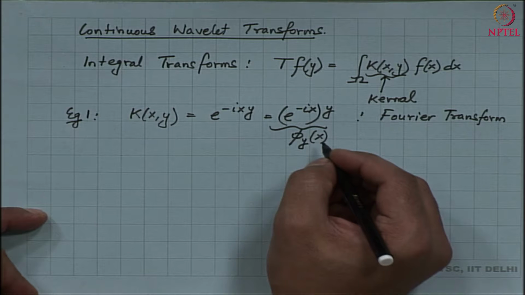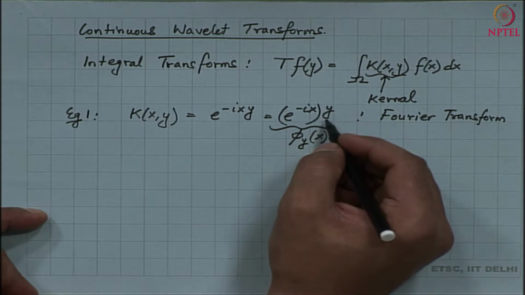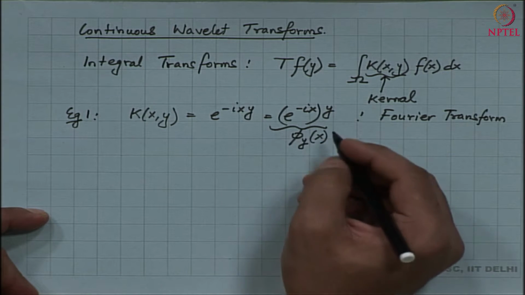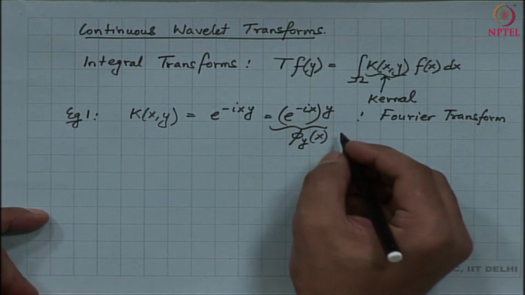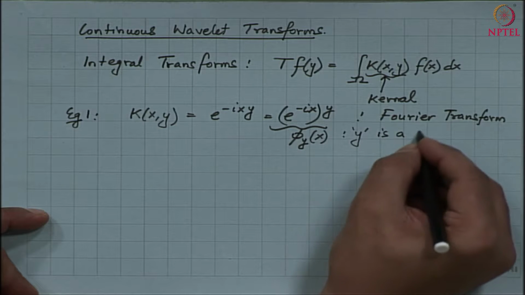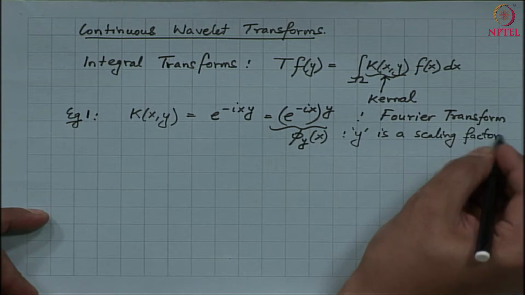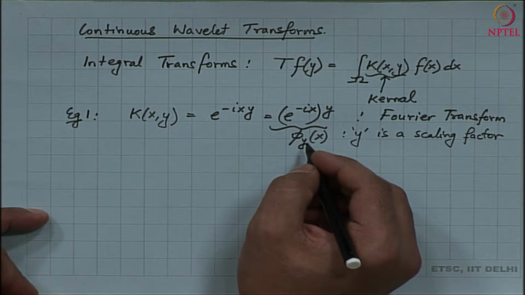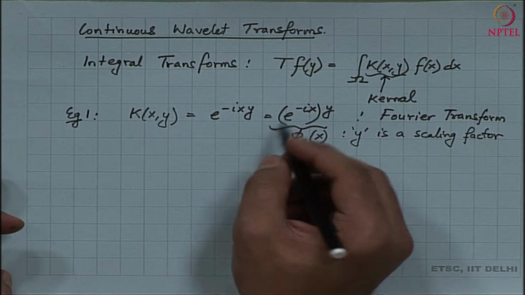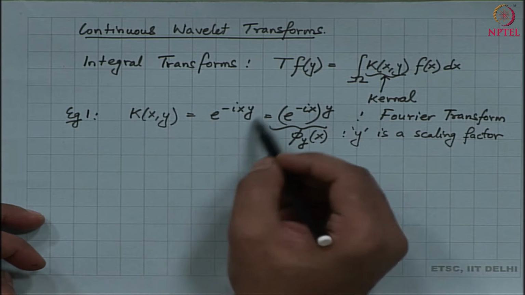So, what it means is that y is like a scaling factor to this function e to the power i x. Okay. So, we see that for this particular transform we have this following kernel.